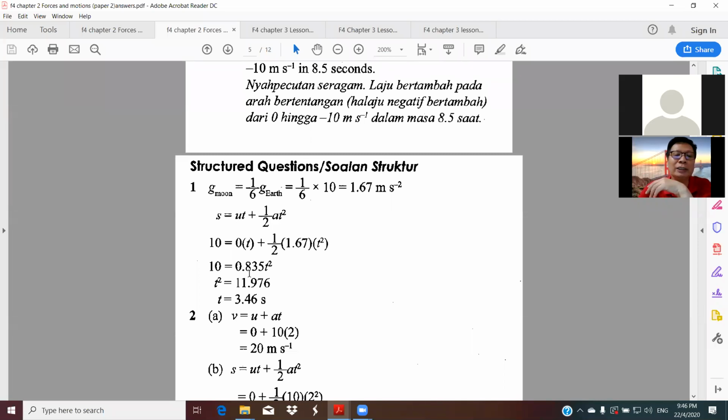Acceleration is 1.67 on the moon. Then you find the time. It's t equal to square root of 2s over g. Same formula. So you get the answer 3.46 seconds. Can you understand now? Okay, next question.